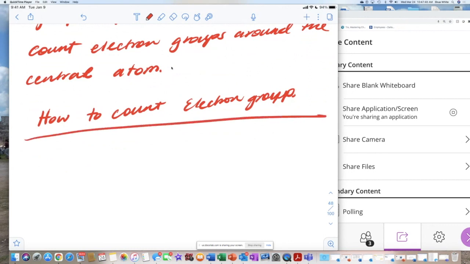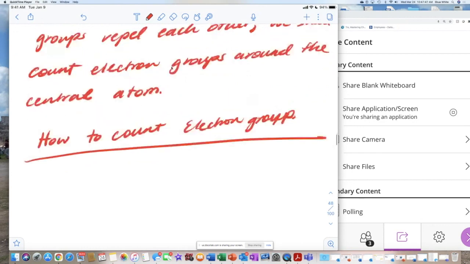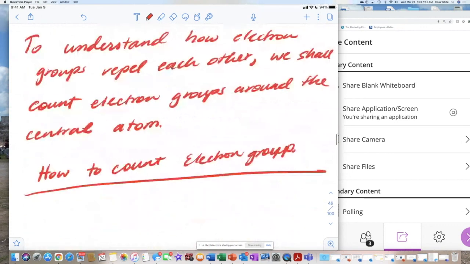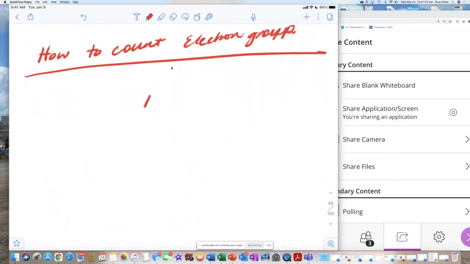Number one, you're looking at your central atom, your focus atom. The example they gave us here to help us count was the nitrite ion. So I'm going to draw this here real quick. Remember, nitrogen and oxygen are all elements that normally form octets.